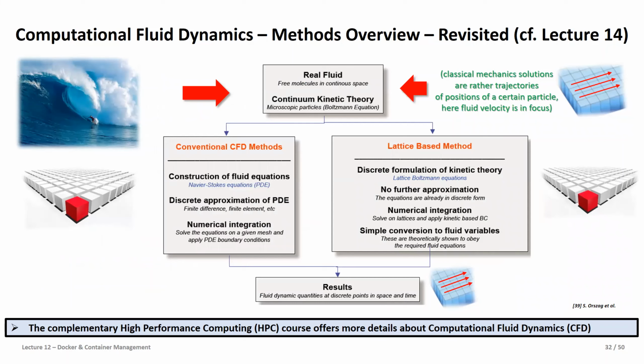The two main methods you have, which we also would tackle in the HPC course, are more conventional CFD methods based on Navier-Stokes, but also Lattice-Boltzmann approaches that we tackle in order to understand, for instance, how waves propagate through an ocean, and many different other fluid dynamics use cases.